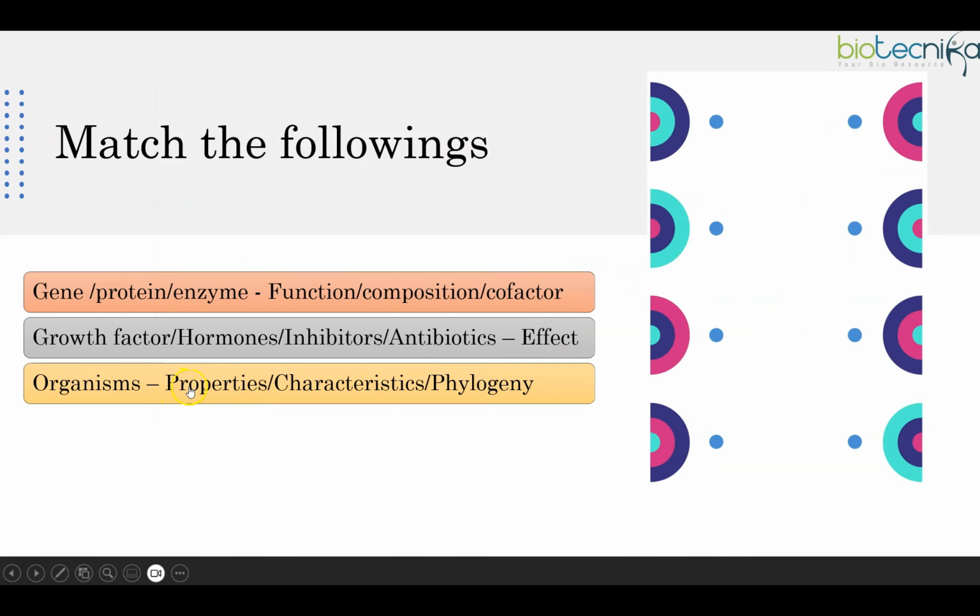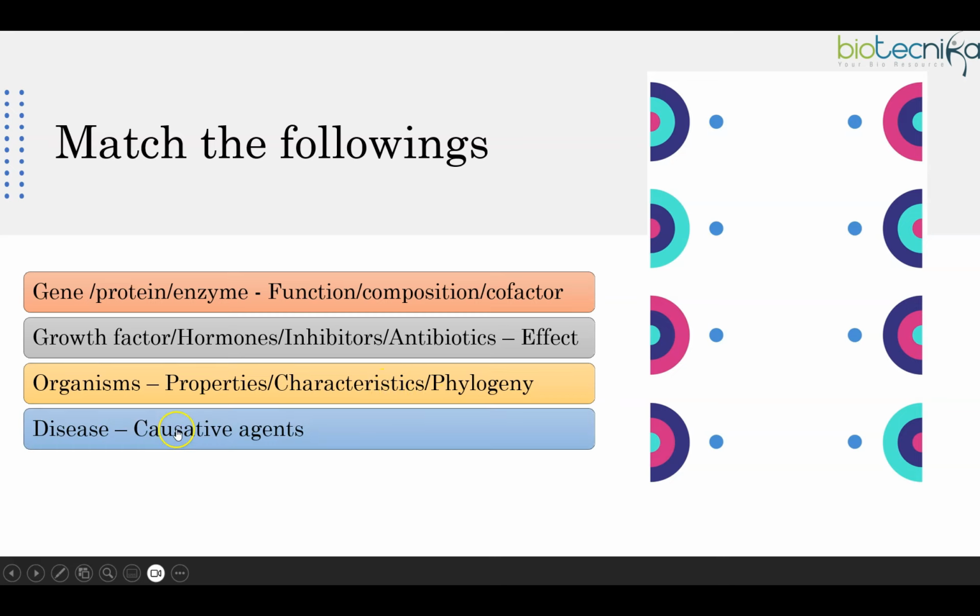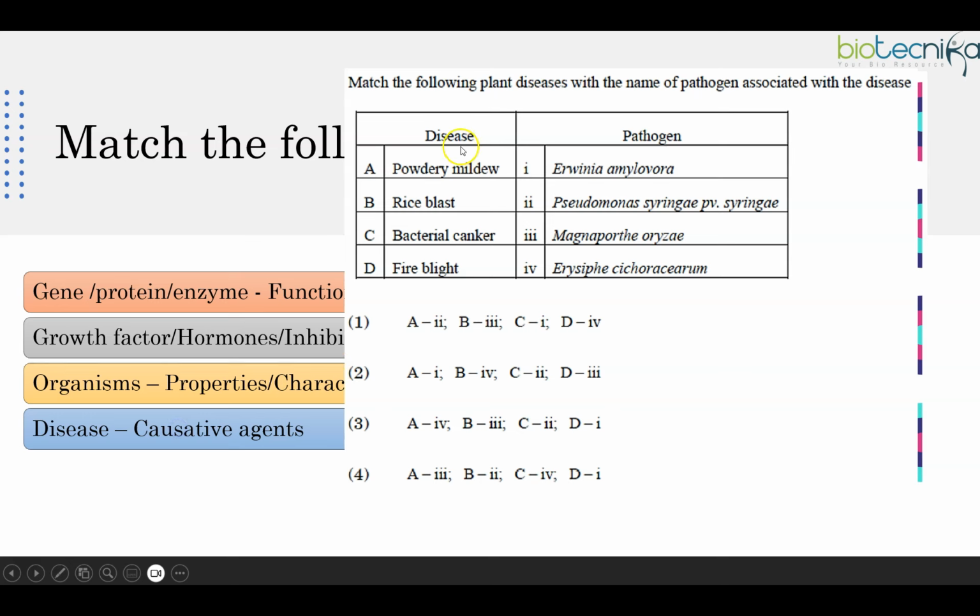What are the types you get? Organisms or their properties, characteristics or phylogeny, or maybe the disease and their causative agents. For example, you have a disease over here, and what is the pathogen that you get, right? Here also it is an important topic, pathogens and plant diseases. Here the answer is 2.